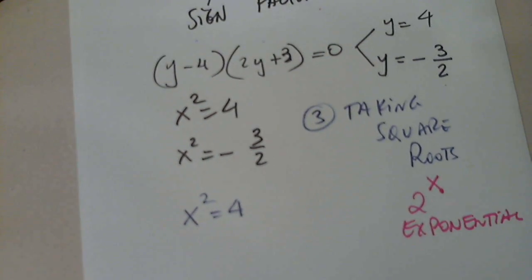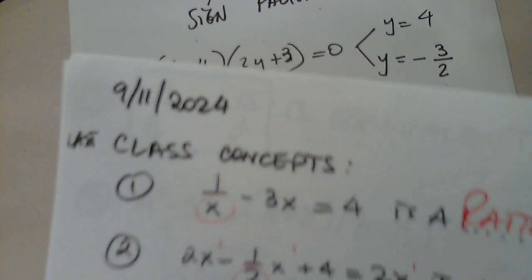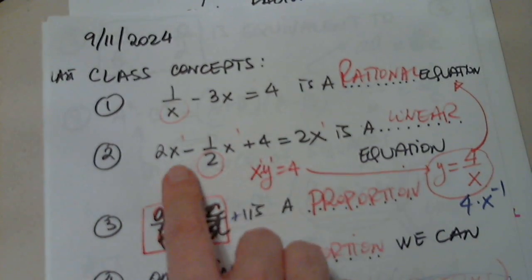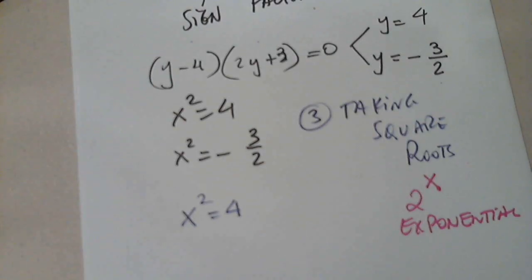So we've seen these equations before, last week. Linear. It cannot be linear because a linear equation has to have a power on the variable of 1. Radical.